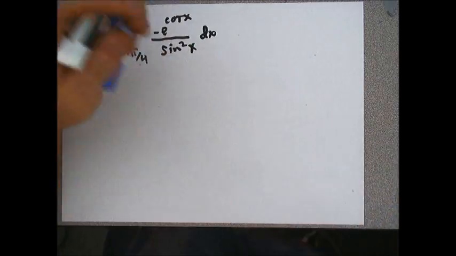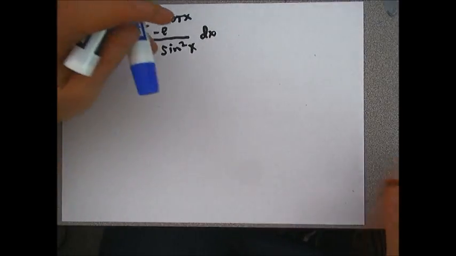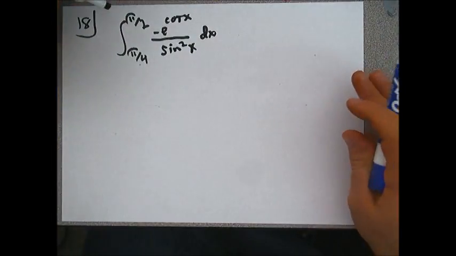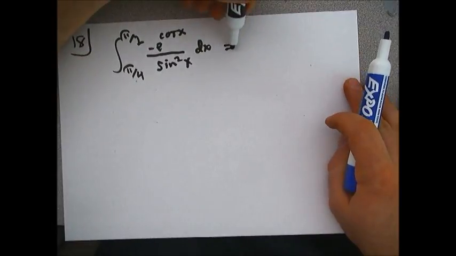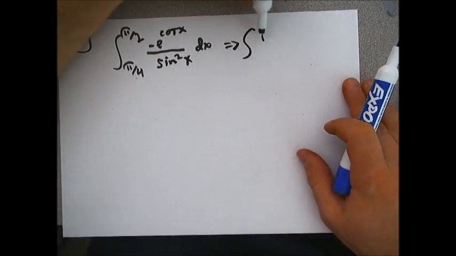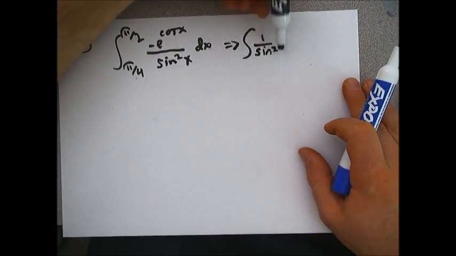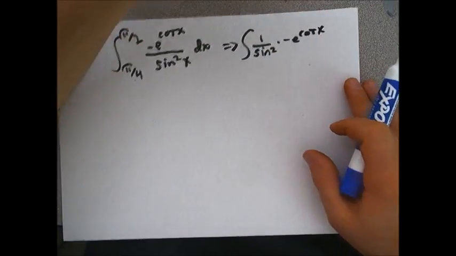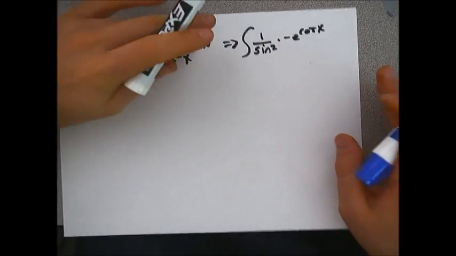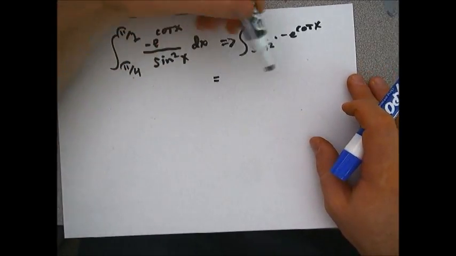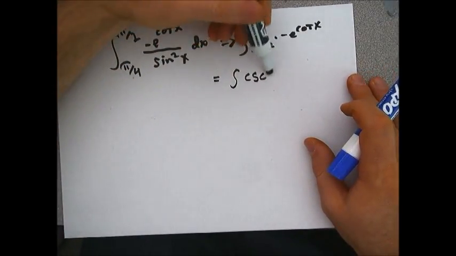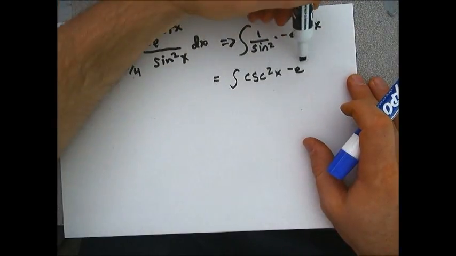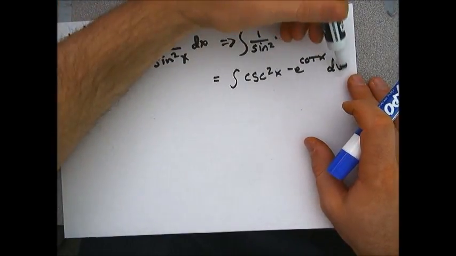Anytime you see one of these and you got trig stuff on the bottom, you're going to want to split this up and then do some manipulating first before you try to integrate. So I'm going to say this is the integral of 1 over sine squared times negative e to the cotangent x. And 1 over sine squared, if I flip it up, would really give me what? Cosecant squared x, negative e to the cotangent x dx.